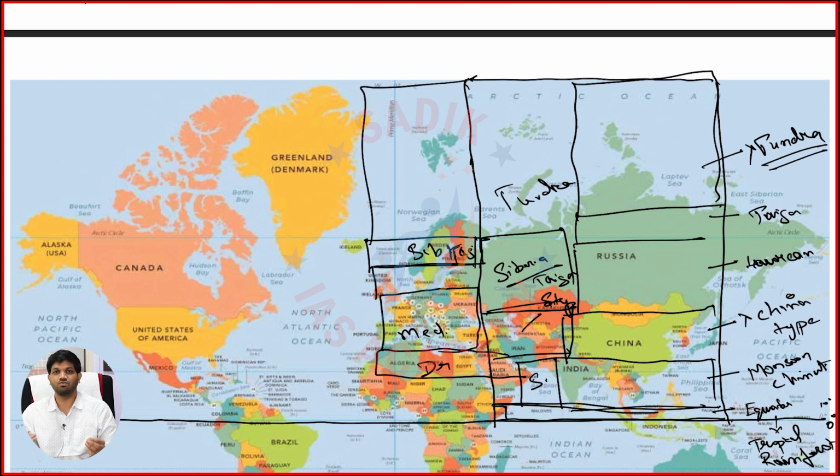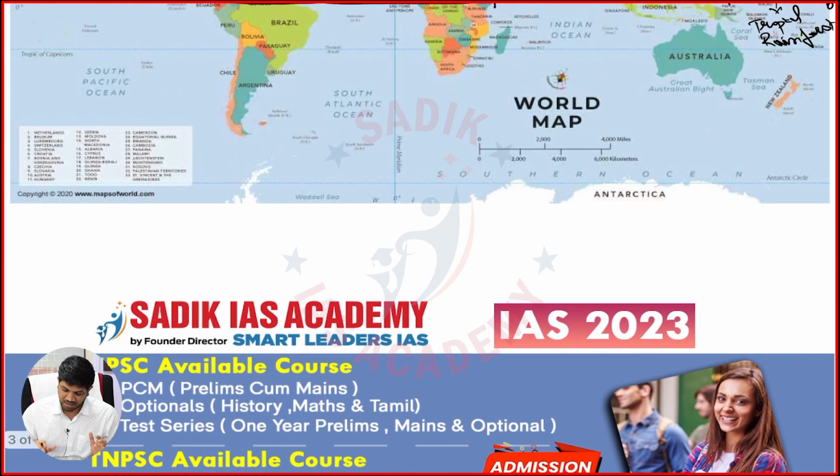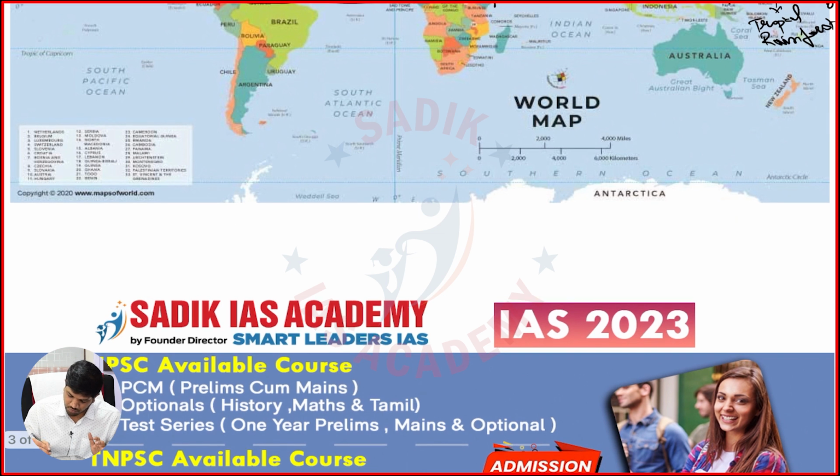Okay, this is how we will place the checkerboard, and we will study their characteristics. What all the characteristics can we study using the checkerboard? You can study the characteristics of the temperature of that particular region. For example, if it is equator, what is the temperature, and we will study the vegetation pattern.